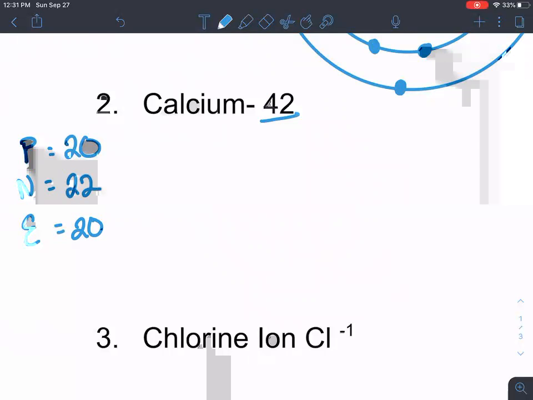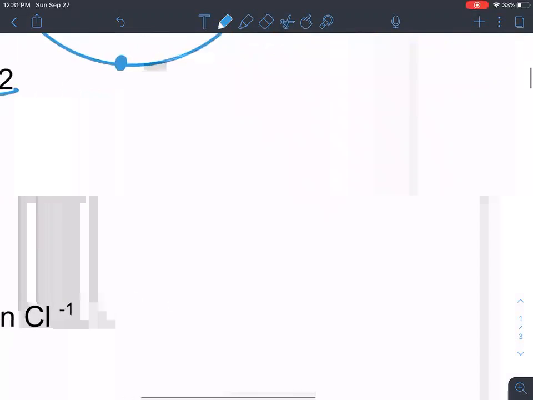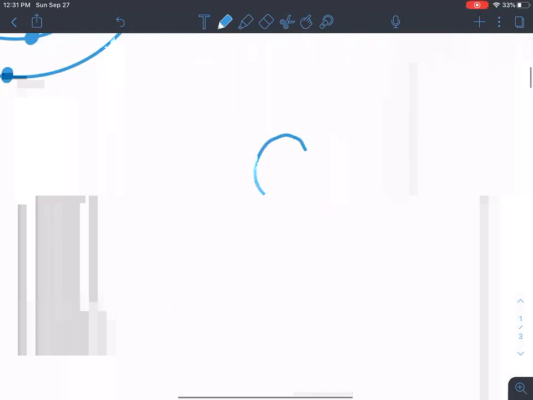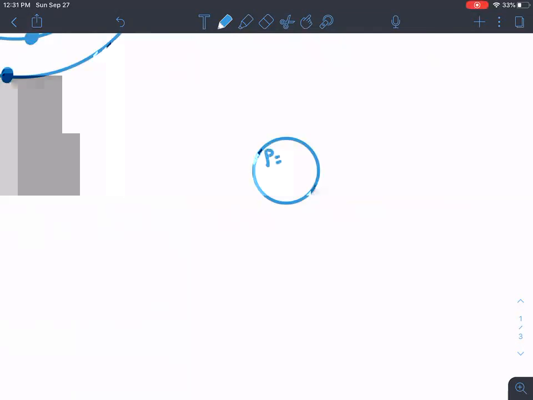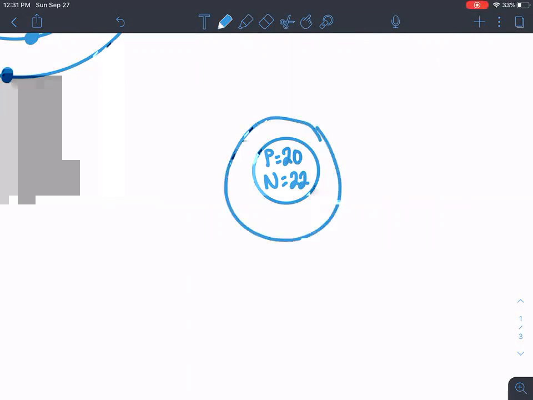We have 22 neutrons, which means that now we can draw our nucleus. I'm going to draw it way over here since I'm going to run out of room. My nucleus is going to have 20 protons and 22 neutrons. Once we have our nucleus, we're going to draw our first orbital around the nucleus. And then if I do this correctly, I should put 2 electrons on that first orbital every time, as long as it goes past that first row.